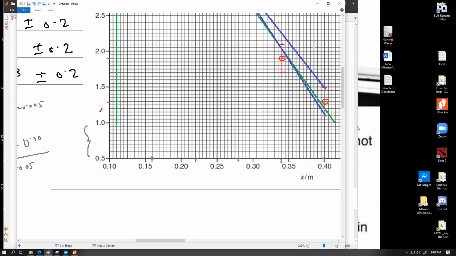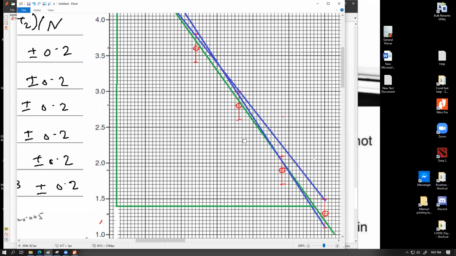I'm not sure which point I'm going to choose from here, so I have to choose another good crossing point. Here they're pretty much coinciding, so it's difficult. Let's choose this one. Rubbing this off. So this is the triangle for my best fit line.